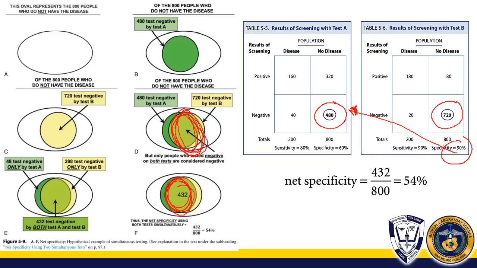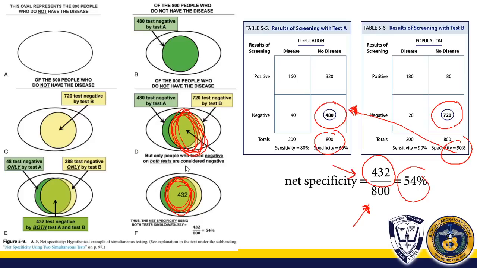Buhaton lang gyud ninyo 432, na nag-negative both kay test A ug test B, divided by sa total number of individuals na walay disease, and our answer would be 54%.